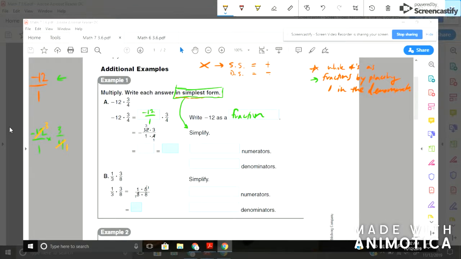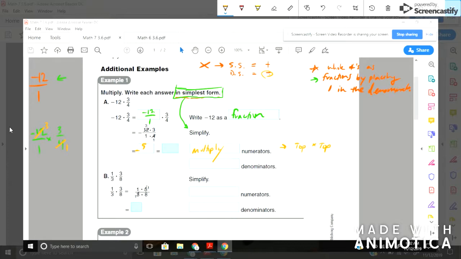Then you need to multiply the numerators. I sometimes say this as top times top. So 3 times 3 would give me 9, and I'm going to bring this negative sign along, because we already determined that in the end we'll have a negative.